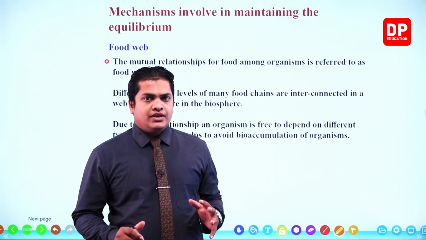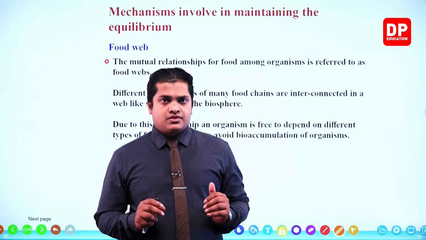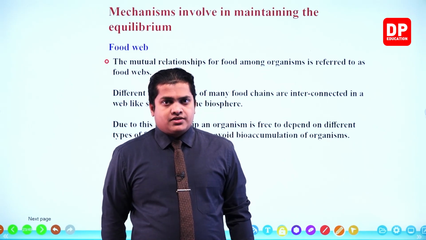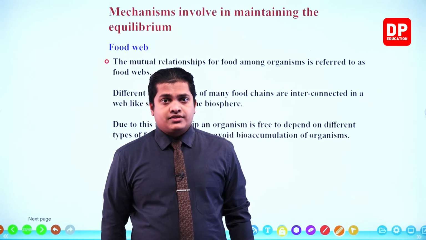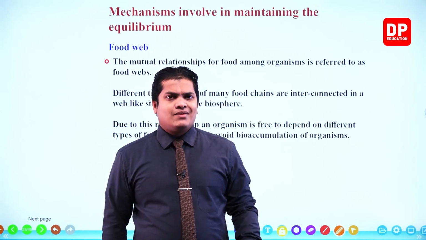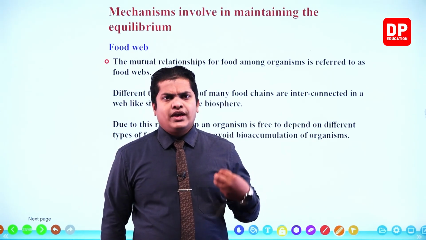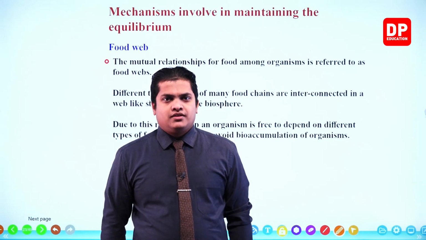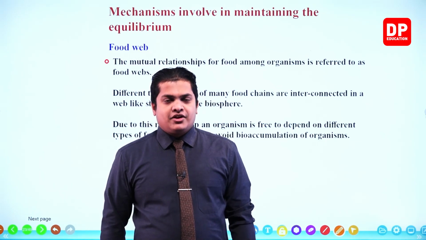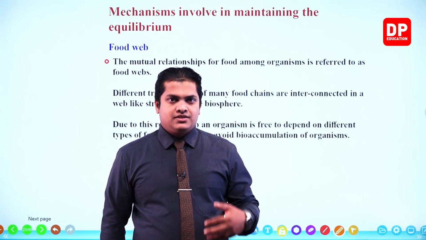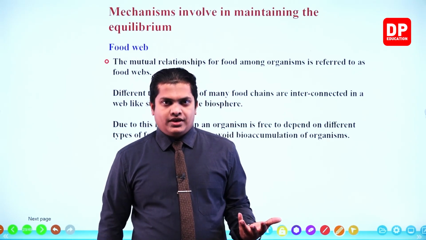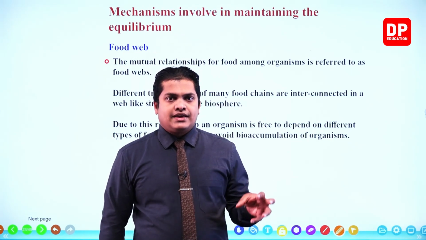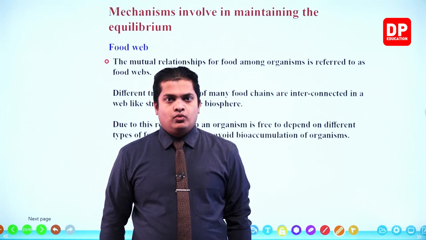Organisms can depend on different kinds of food, especially heterotrophic organisms, under that omnivores. Omnivores can depend on several food items. Human beings have the ability to eat any kind of food. It can be plant material, animal material, anything. Especially they can eat flesh or plants, both, without any trouble.